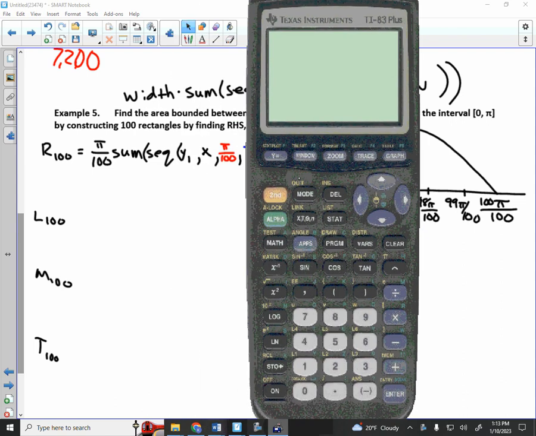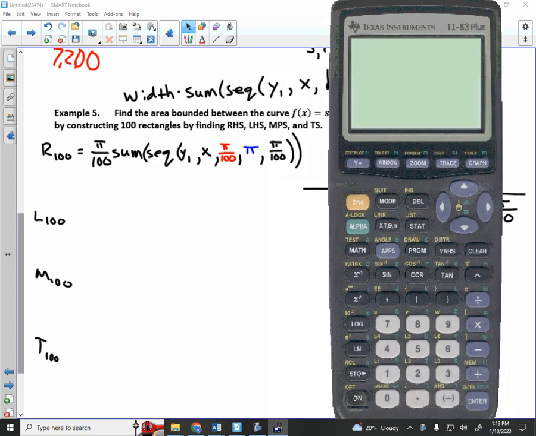Okay, calculator out. Y equals. Clear? Enter your function. What is the function? Sine of x.